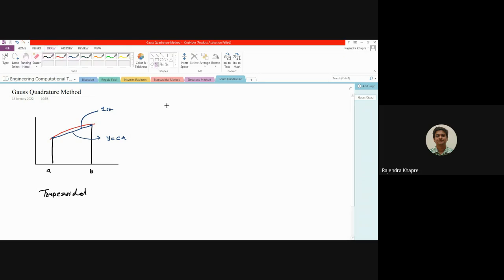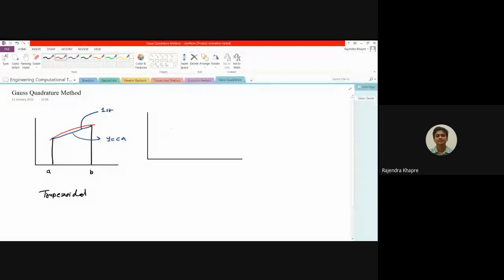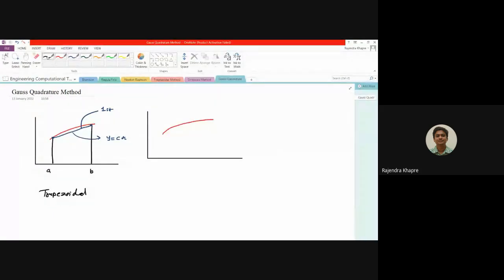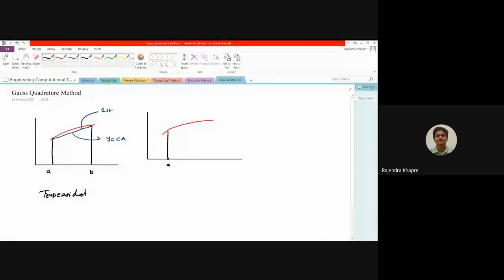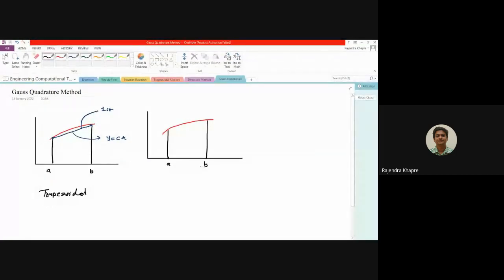Now when it comes to Simpson's method, if I draw the same curve, this is your a and this is your b. In Simpson's method we have seen that the equation is very similar to the trapezoidal method, but some more weightage is given to the odd terms and some to the even terms. For odd it is multiplied by 4, and for even it is multiplied by 2.